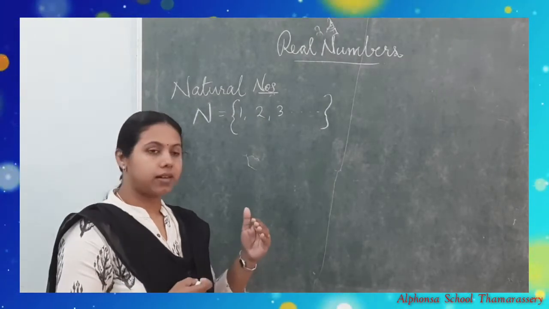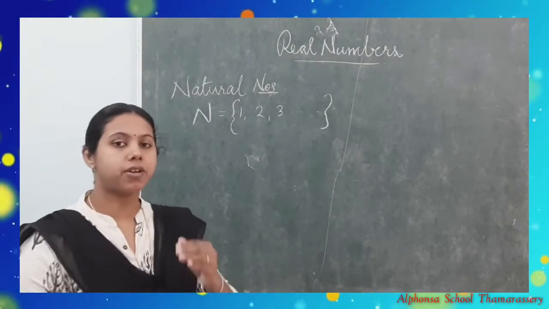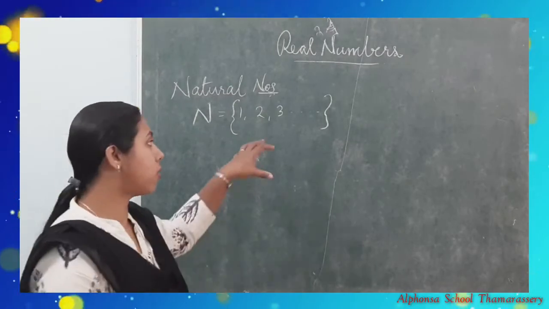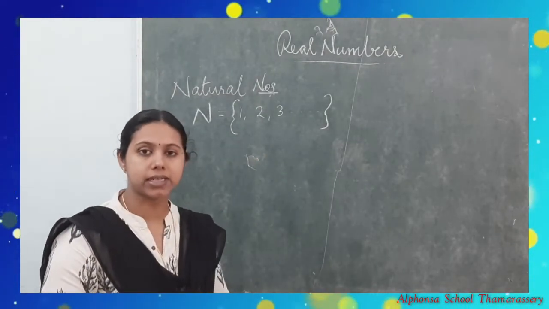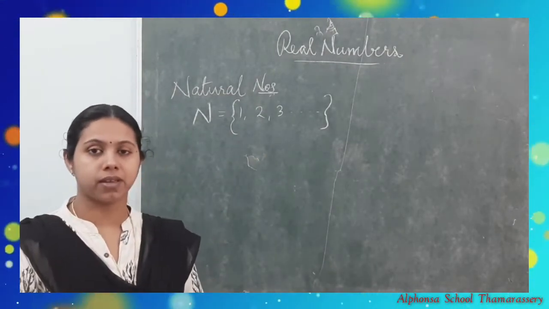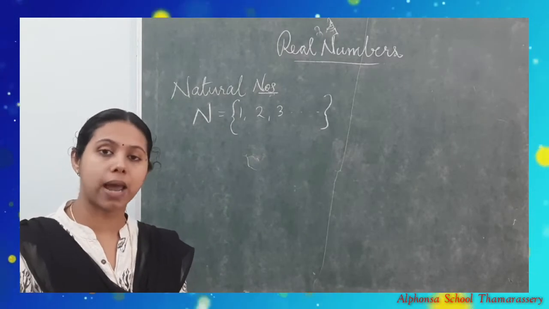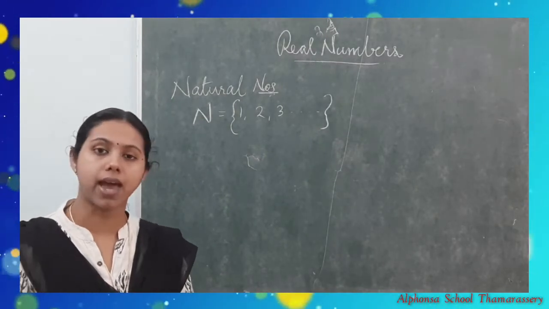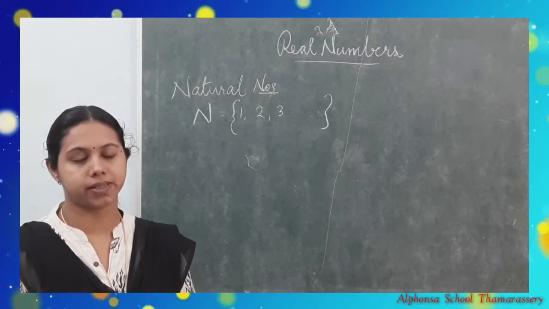The next set of numbers: if we include 0 in this set, we will get whole numbers. The collection of natural numbers along with 0 is known as whole numbers.